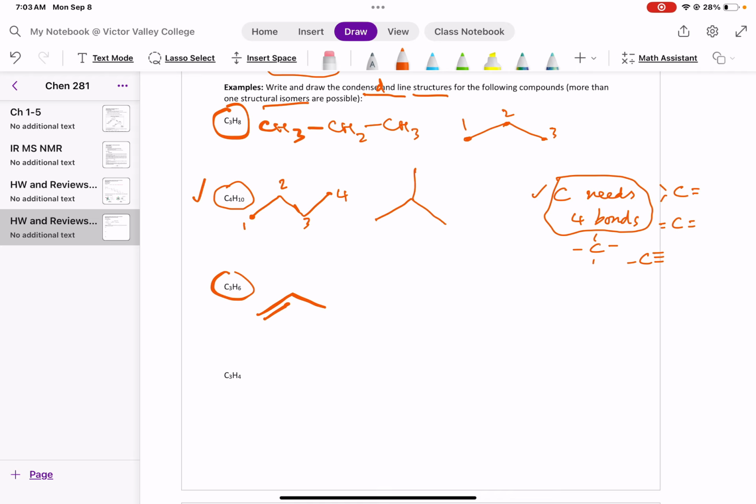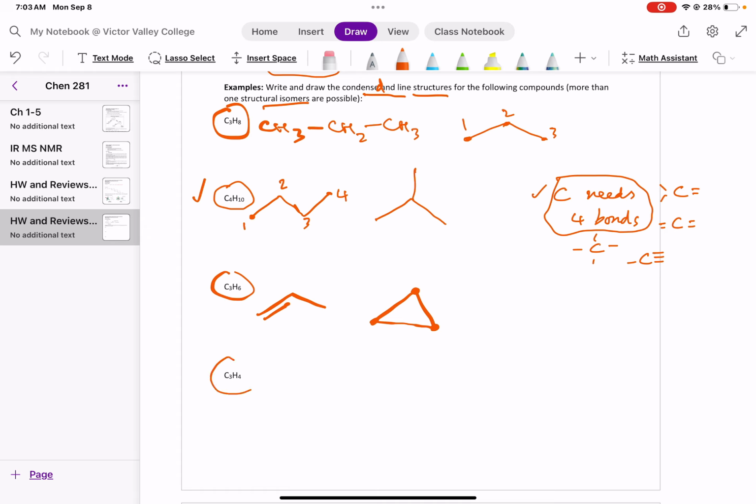But we can also make the closed structure, a ring, because each carbon would have 2 hydrogens. That makes 6. So we get 2 different structural isomers. One is an alkene, which is another thing we need to know, the functional group, and the other one is cyclopropane. But we'll get to the names later in Chapter 3.